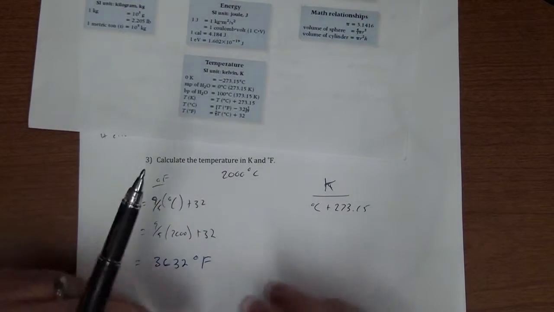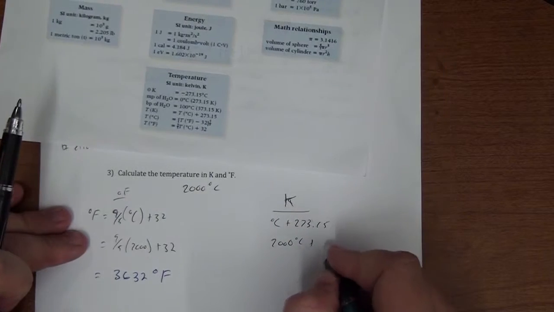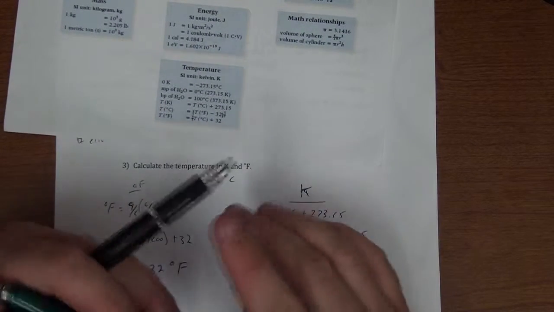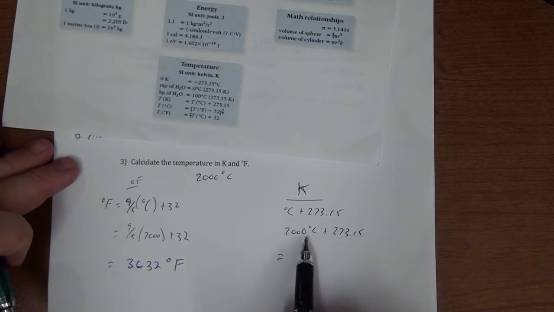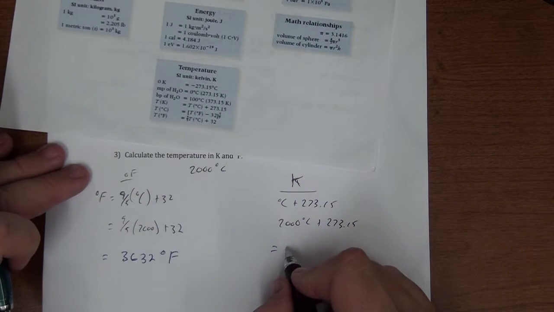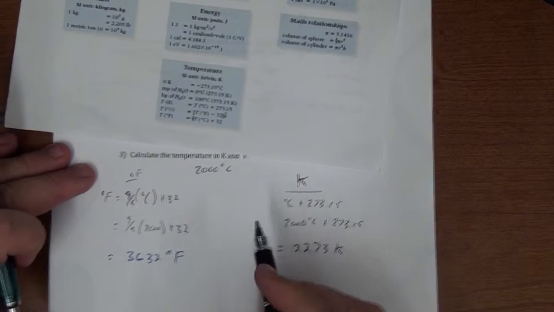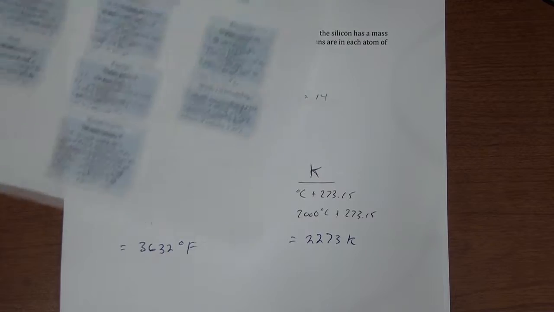For this other one, we're going to take the 2000 degrees Celsius plus 273.15, add those two together. Again, we're doing addition, so we go to the one with the fewest number of decimal places, 0 and 2. So we're going to end up with a number that has no decimal places. Again, remember, Kelvin is an absolute scale, so there's no degrees symbol there.